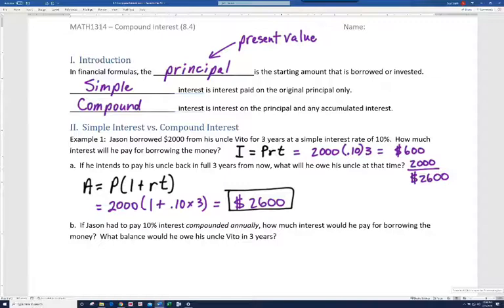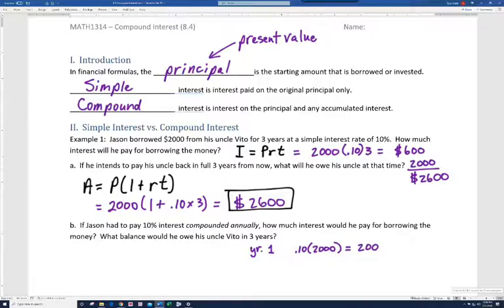All right, in B it says if Jason had to pay 10% interest compounded annually, that's every year, how much interest would he pay for borrowing the money? And then what balance would he owe his uncle in 3 years? So let's look at this. In year 1, the interest is going to be 10% of $2,000, which is $200.